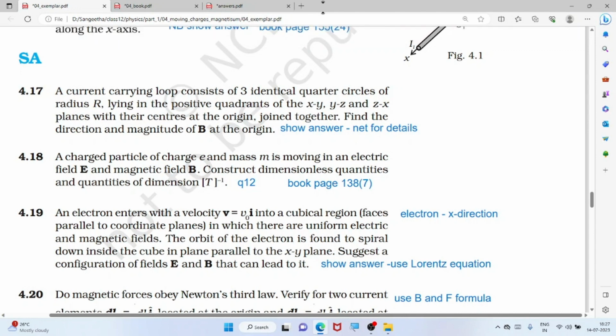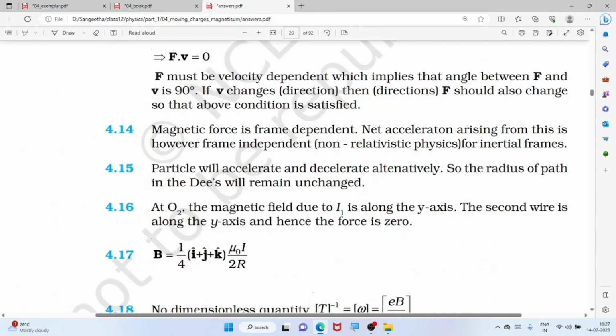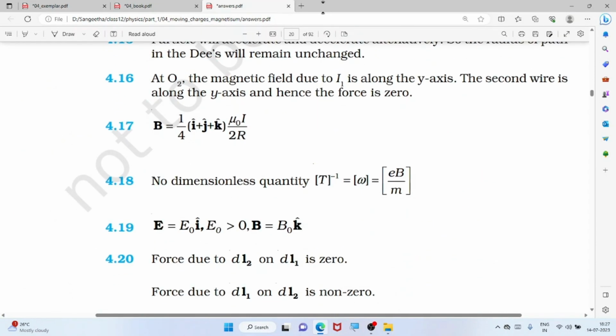Find the direction and magnitude of the B. So it has three components of the magnetic field. You can see the net book for the details.